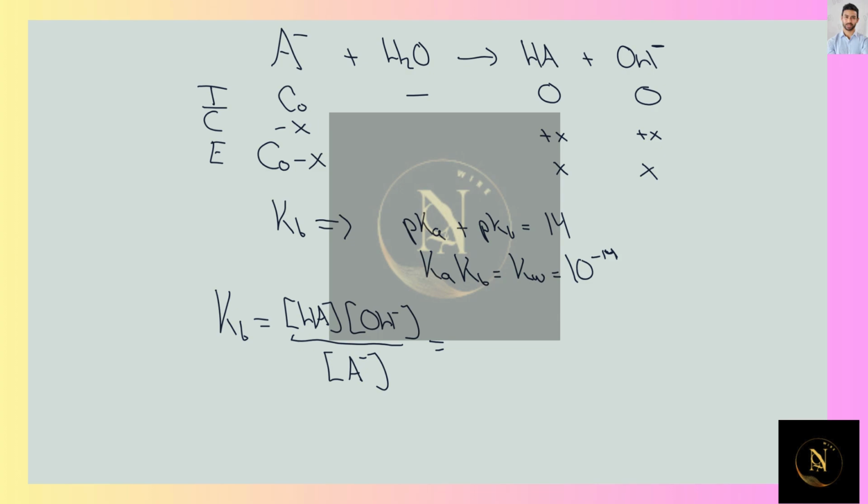Replacing the values that we have, this becomes x squared, because we have x of HA, x of OH minus, divided by the concentration at equilibrium, C0 minus x. So now, in general, when we have weak acids, the value for x is going to be much smaller than C0. So we can approximate C0 minus x as approximately C0.